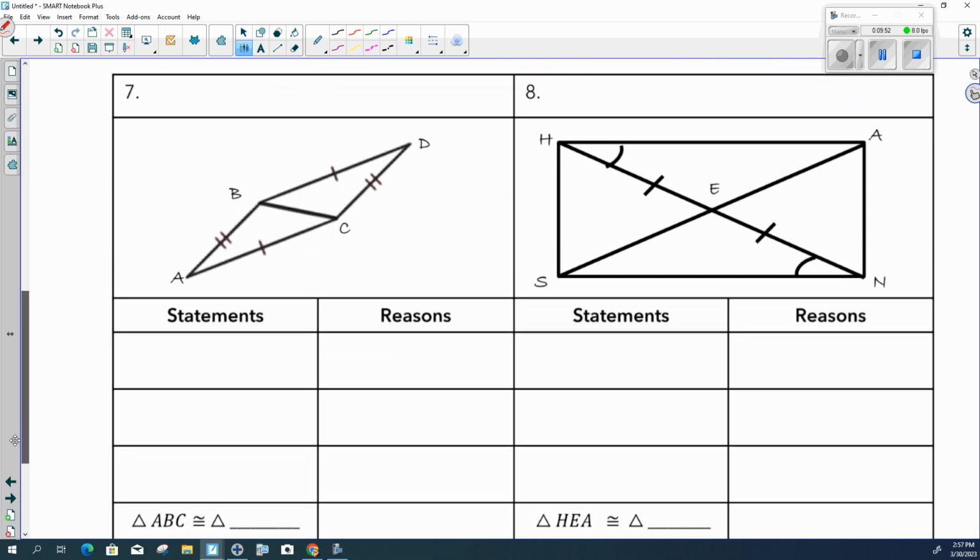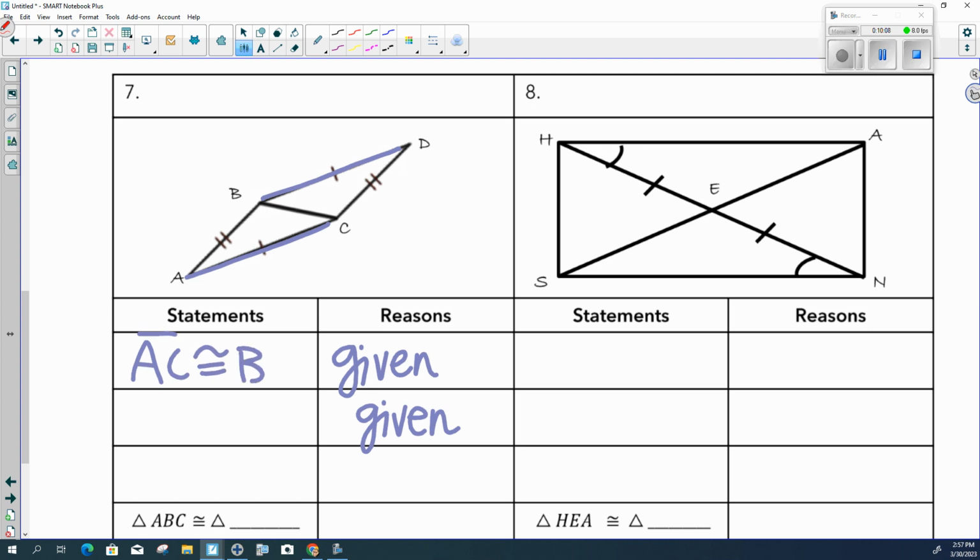Let's do our given. I like this color. Looking at my picture, the given is that AC is congruent to BD hat.